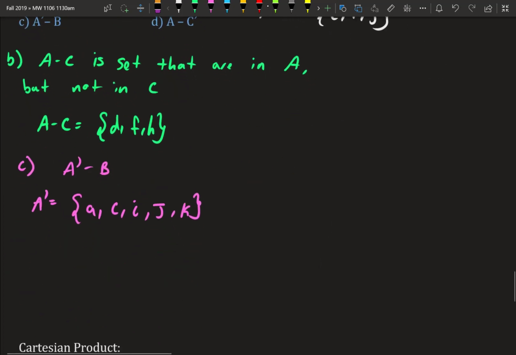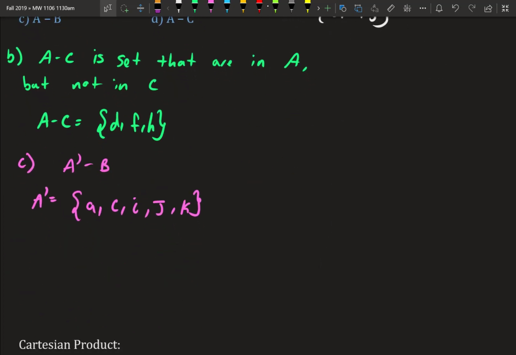All right. Now we want to take that away from B. So I'm going to rewrite set B here.